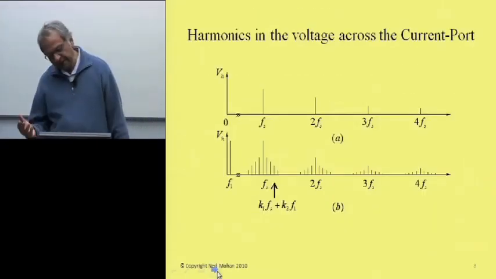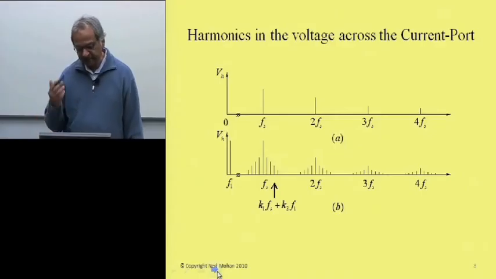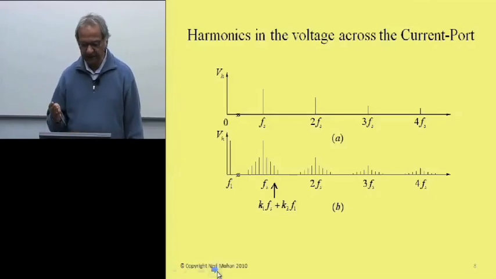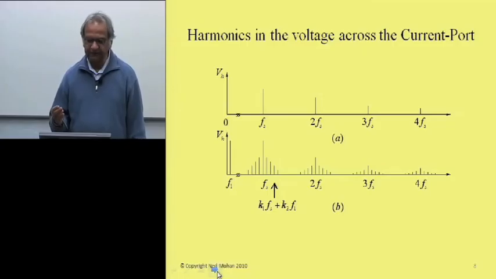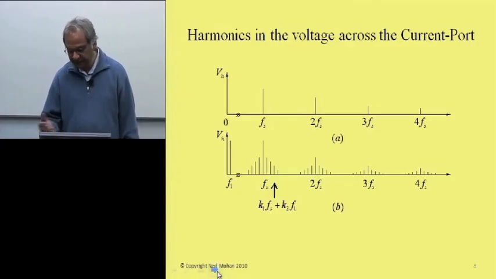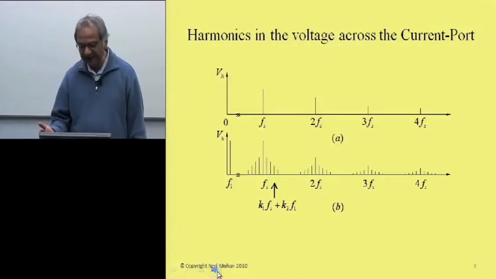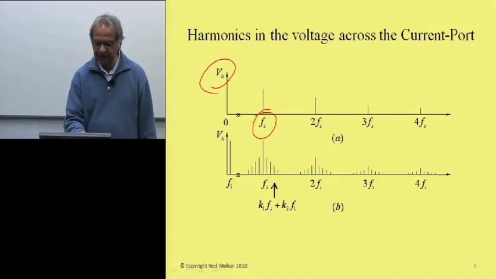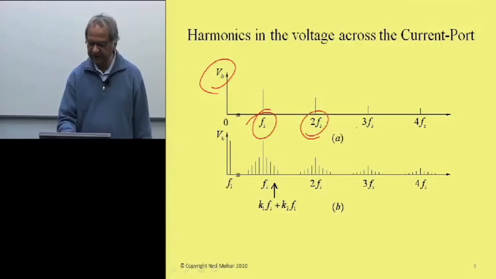So we have to recognize that since the voltage across the current port is not a DC voltage or a low frequency AC, as we'll see, we will have harmonics in this voltage at the current port. And let's say if you are producing DC, at least that was the intent, to produce an average DC, then these harmonics would be at the switching frequency, at twice the switching frequency, and so on.